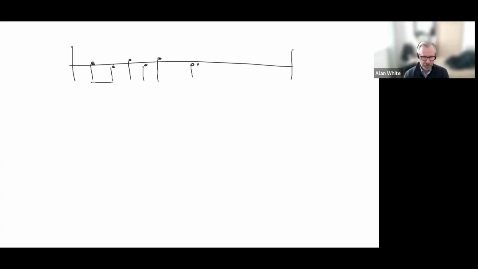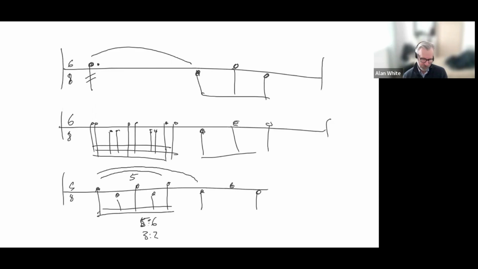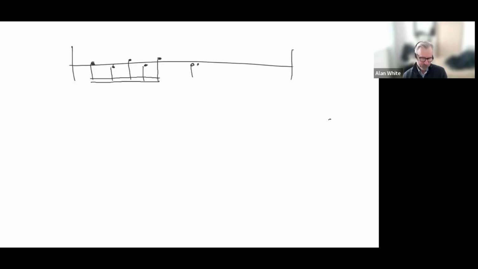Now each one of these is a buzz. If we remember on the previous page, each one of these was a buzz. So you've got your 5 buzzes in the time of 6, which is 5 doubles, so literally 10 notes. And we've abbreviated that. We've still got the 5 here.